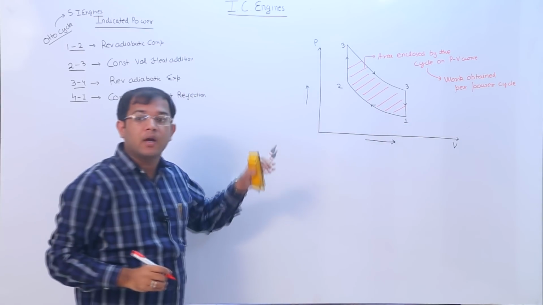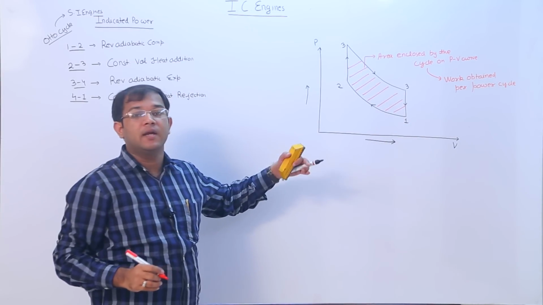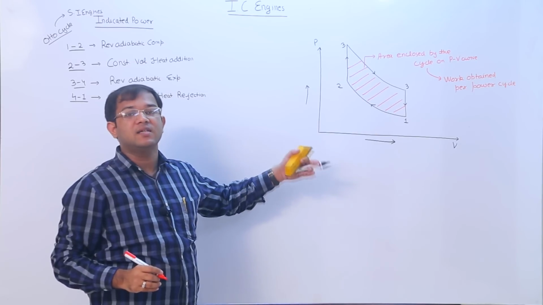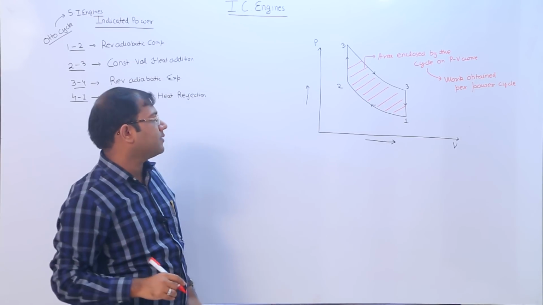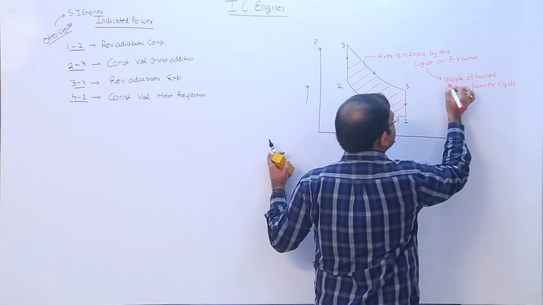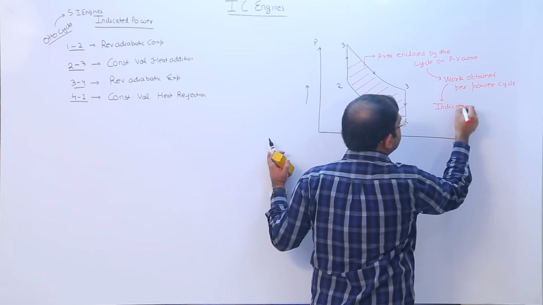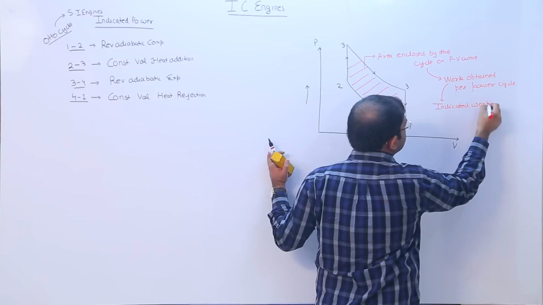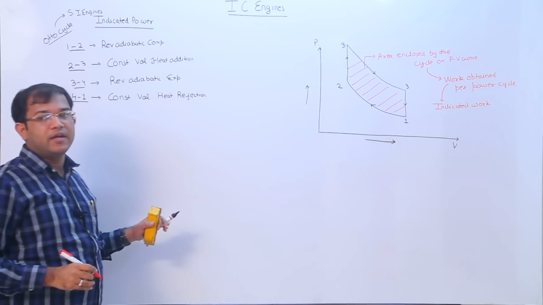Work obtained per power cycle, that means the work that is being obtained from our IC engine, from our Otto cycle in one power cycle. Fine. And this work is also referred to as our indicated work.